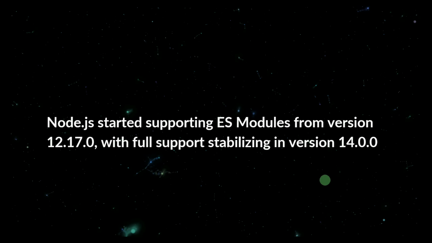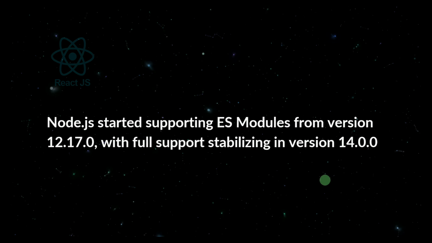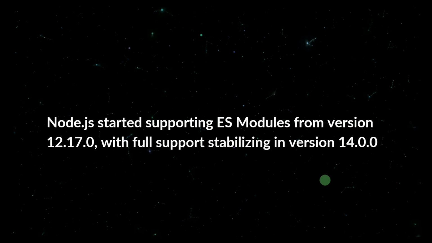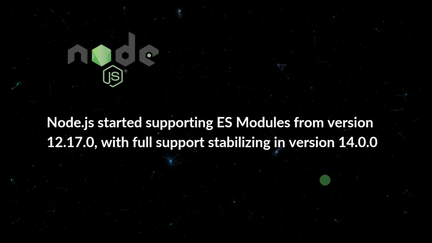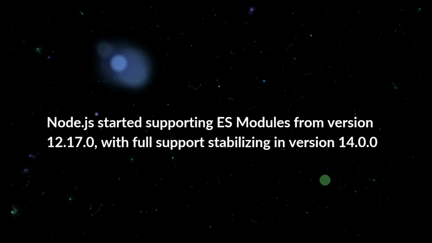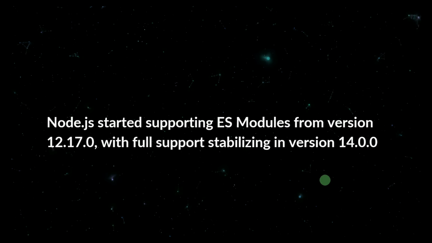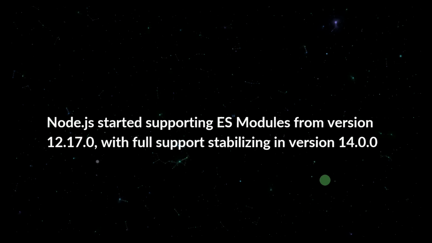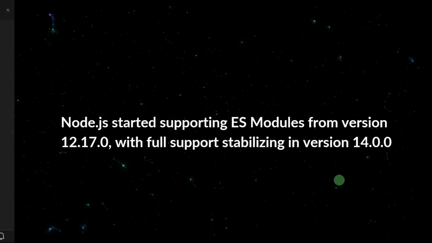This ES module you can easily use in React, Angular, or Vue. But if you're working in Node.js, then it is good you follow the CommonJS module system. Now, using ESM, we will see different patterns of exporting and importing data.